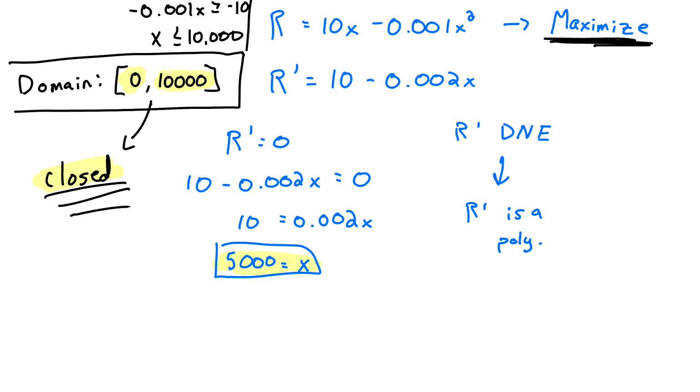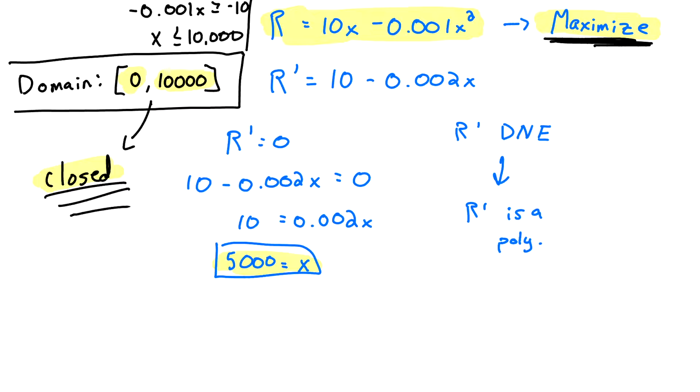If we think back to section 4.5, when we were finding absolute extrema on a closed interval, once we have our critical numbers in the interval and the endpoints, we take all three of those and plug them back into our objective function. And we're simply going to take the greatest y value.